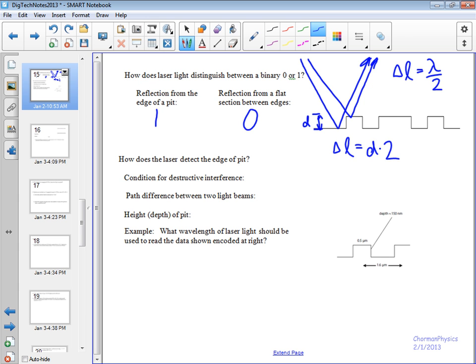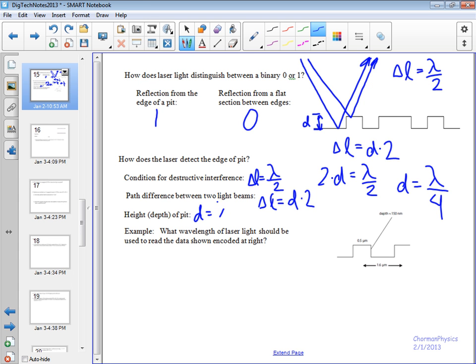And so what we can do is we can set both these equations equal to each other. We have 2 times d is equal to lambda over 2. And the condition for destructive interference is that the depth of this pit has to be equal to 1/4 of the wavelength. All right, the difference between the two light beams, the path difference, is d times 2.